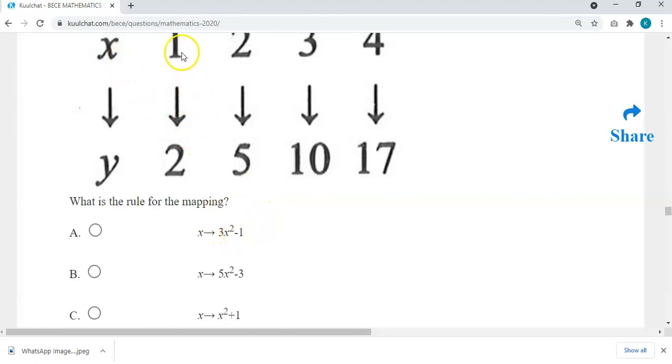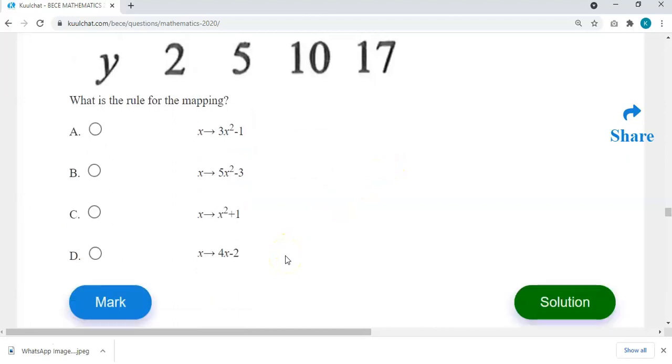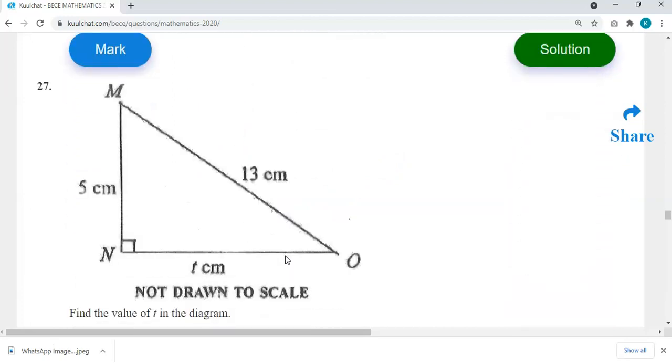So if you take the x, you substitute it into it, then you check whether it matches the value of your y that you got. The rule that gets you all the values of y is the one that you choose as the answer. Okay, so we move on to question number 27.